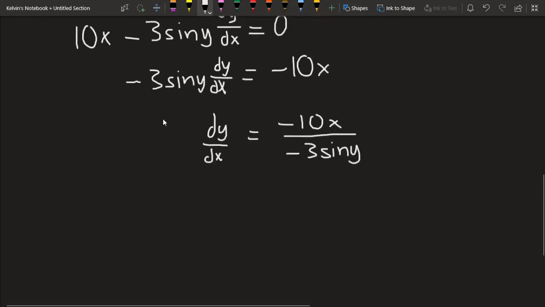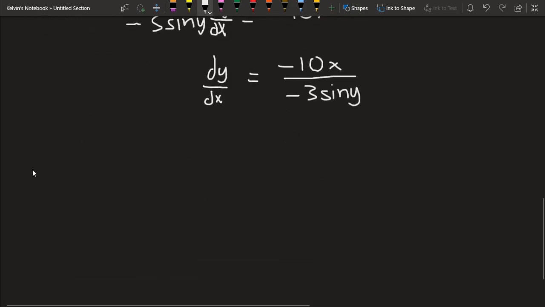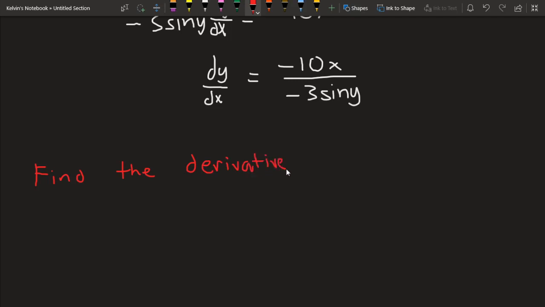However, sometimes they might ask you to find the derivative at a certain point. So let's say they ask us to find a derivative, and I'll write the instructions down in red. Find the derivative at, and I'll write the points in green, 3, 4.